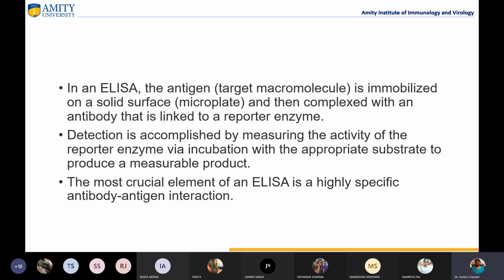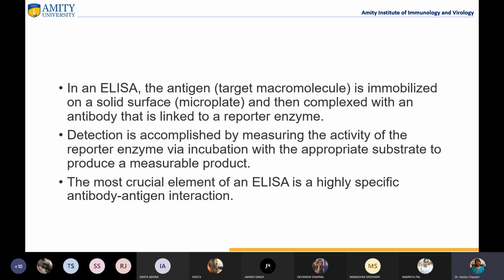If there is an interaction, the substrate will give a color reaction, which we can measure in the ELISA reader, or visually if we don't have an ELISA reader, by comparing the color we get with the negative control. That can give us the idea whether the virus is present or not. The most crucial point is the antibody antigen interaction. Antibodies should be specific to the virus or antigen that we are talking about.